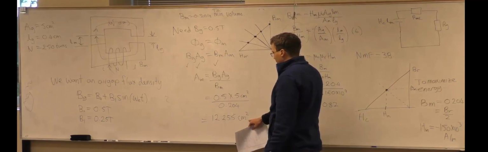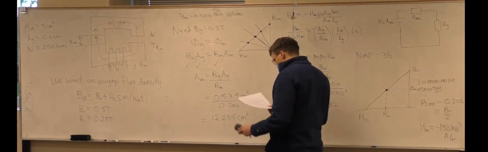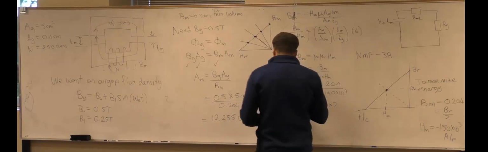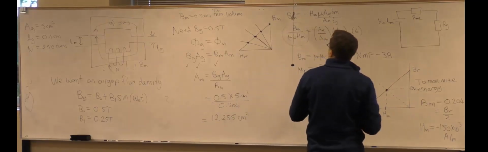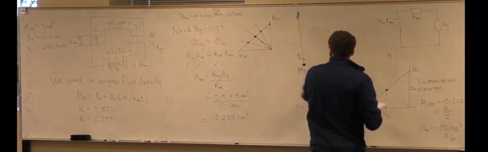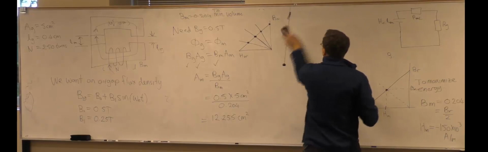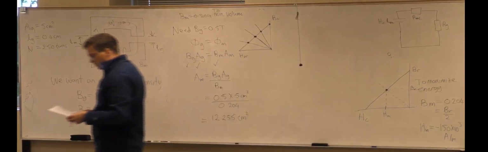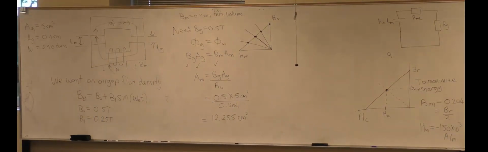So we've got the area being 12 centimeters squared. And now we can find out the length. So now we can use the equations that we derived before, which was equation 6, I think. Equation 6, yeah.